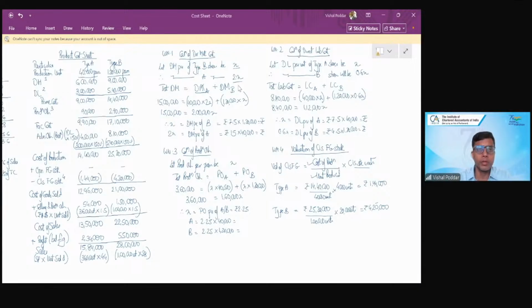Students, any further doubt in this chapter, or for that matter, any other chapter in costing? We can take up your queries as we have some time left.